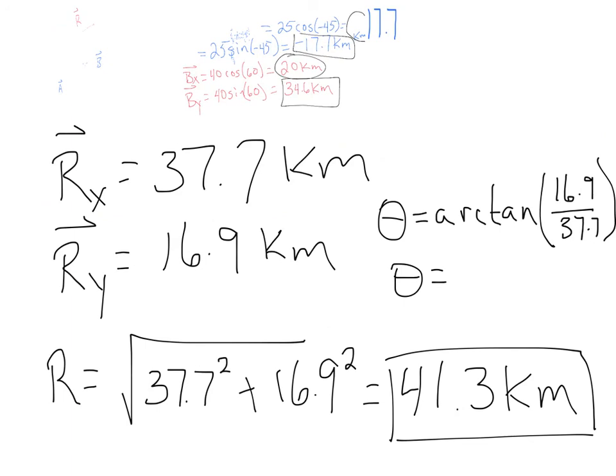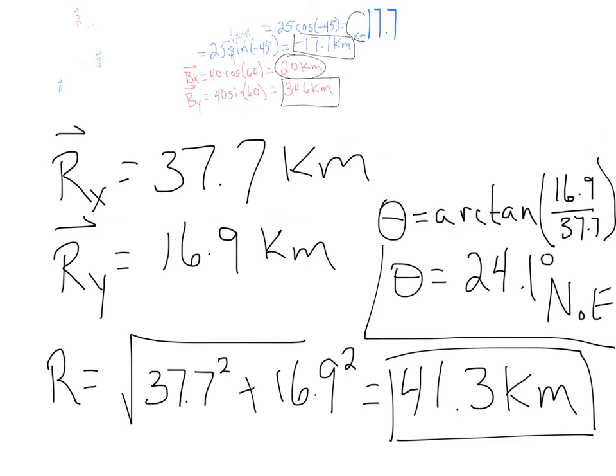And so we get an angle of about 24.1 degrees. Now what is this? This is 24.1 degrees above the x-axis. And so if it's above the x-axis, we can just leave it that. Any degree is assumed to be above the x-axis. Or we could say north of east. And so this is both the magnitude and direction of our vector.